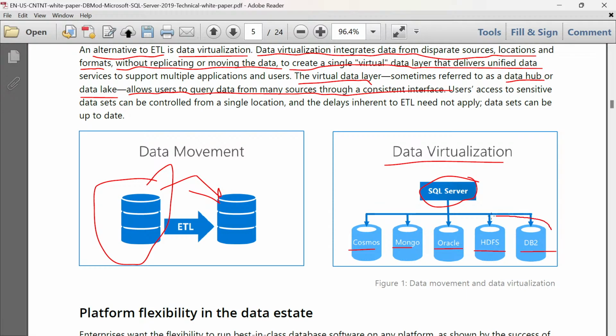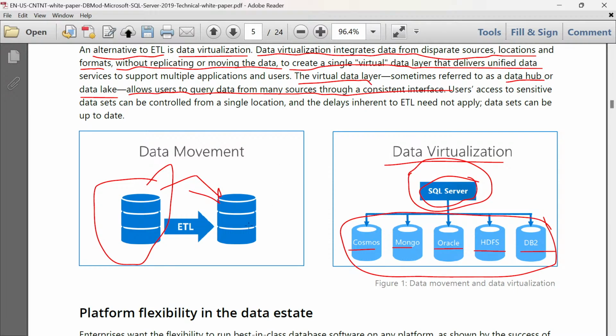These are discrete sources of data that may be located in different geographical regions. So this SQL Server integrates data from all these places at a single place, nowadays commonly known as Azure. Okay. So this was the concept behind data virtualization.